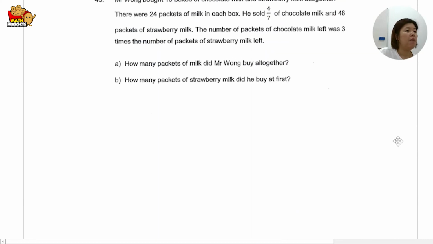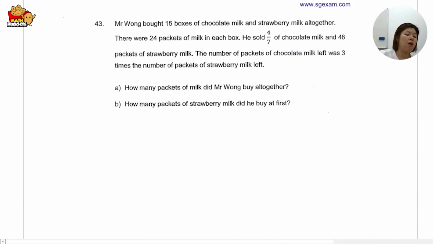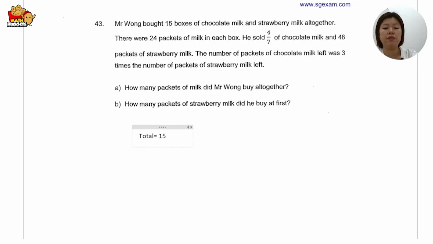Next one is fraction again. Okay, Mr. Wong bought 15 boxes of chocolate milk and strawberry milk together. There were 24 packets of milk in each box. So I can find total number of chocolate milk and strawberry milk, which is equals to 15 boxes times 24, which gives me 360 milk altogether.